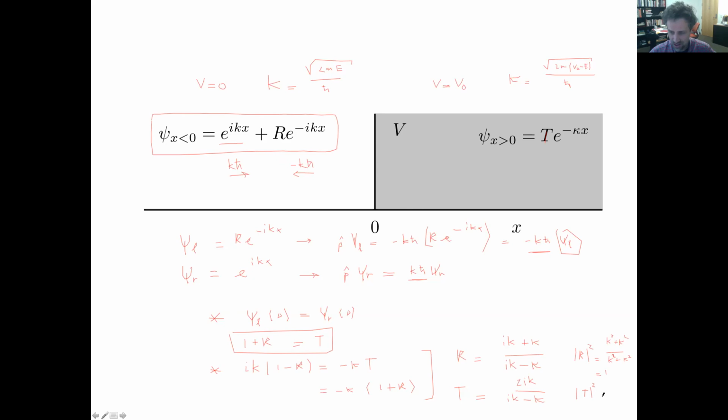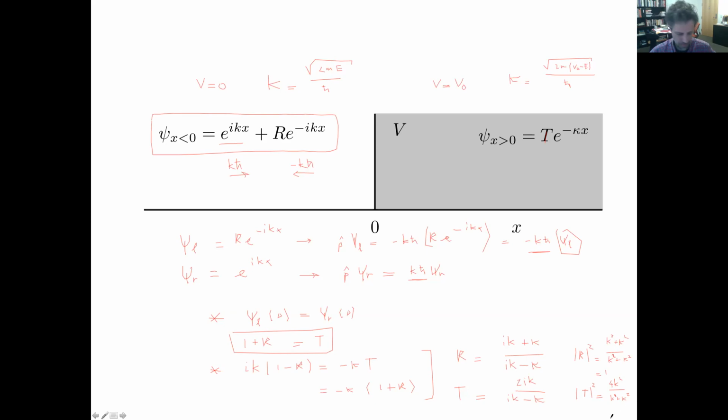Now this modulus t squared is also something I can write: 4k squared over the same kind of denominator, k squared plus kappa squared. That's what it says. It's hard to read. Apologies. So in the numerator, it says 4k squared over k squared plus kappa squared in the denominator.